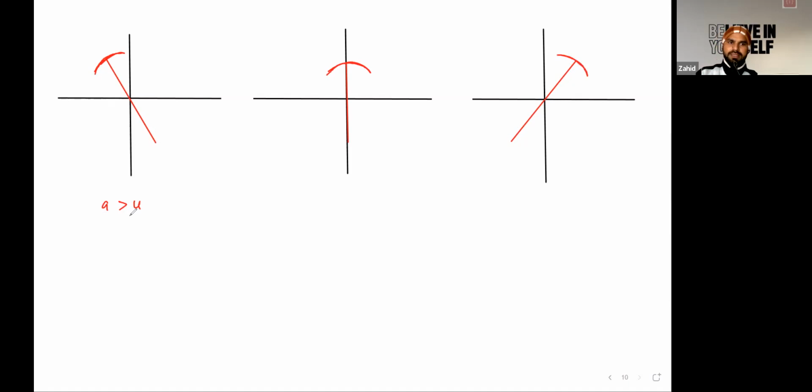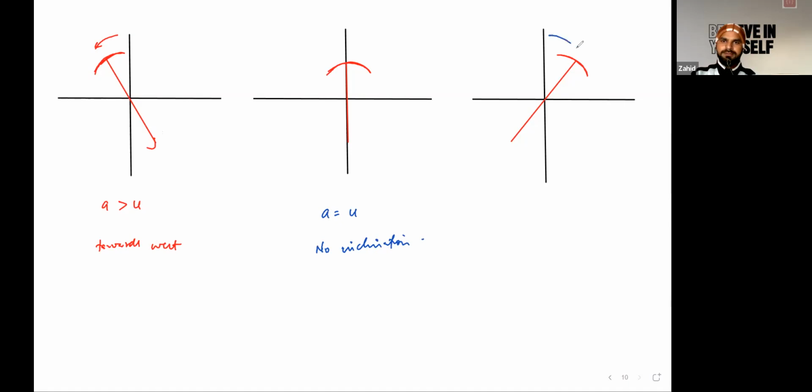So if a is greater than u, phi will be positive, or the inclination of the umbrella is towards west. In the second case, if a equals u, there will be no inclination, or phi will be 0.